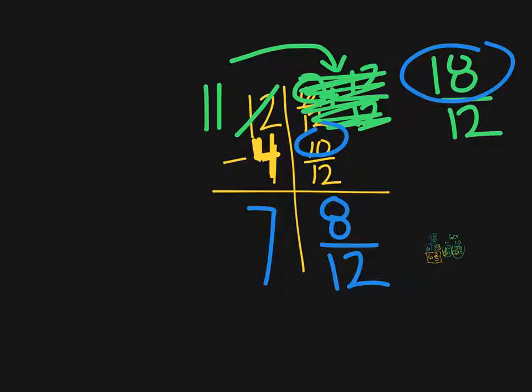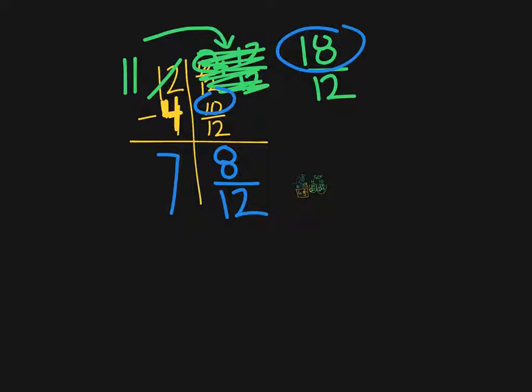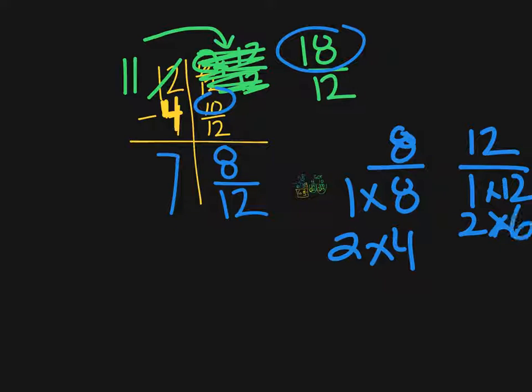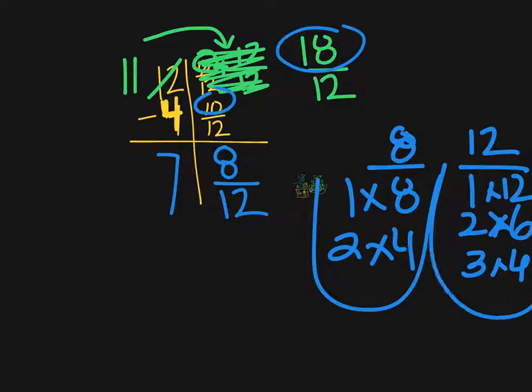So now the last step I have to do again is my U-turns. 8, 12, that's a terrible 8. 1 times 8, 2 times 4. Over here we have 1 times 12, 2 times 6, and 3 times 4. Wow, so actually this is one of the problems where I have a bigger number.